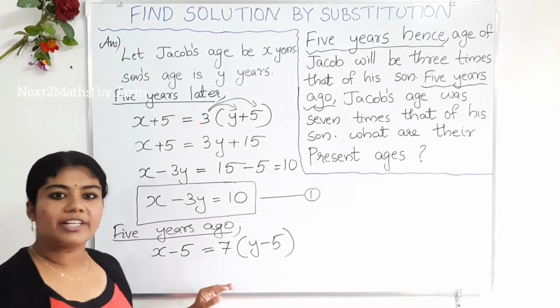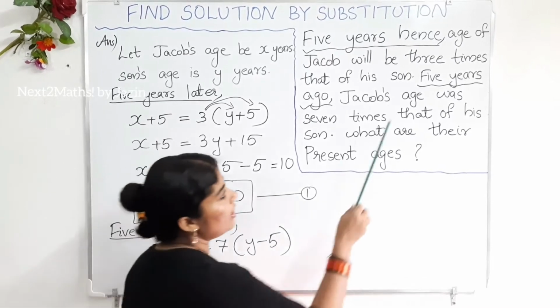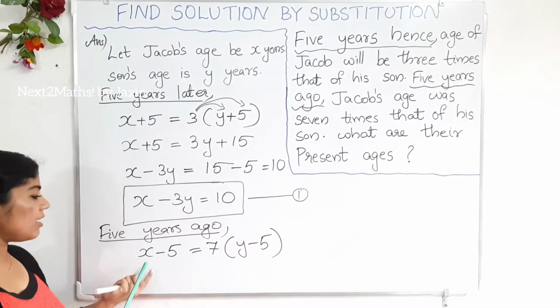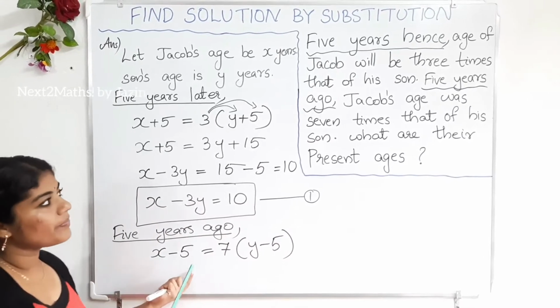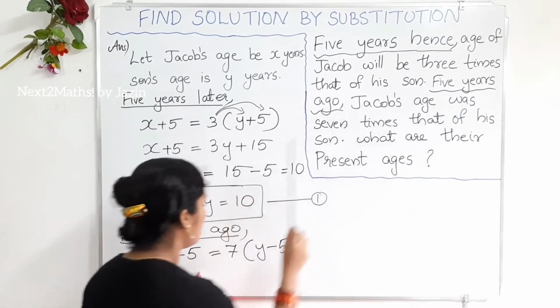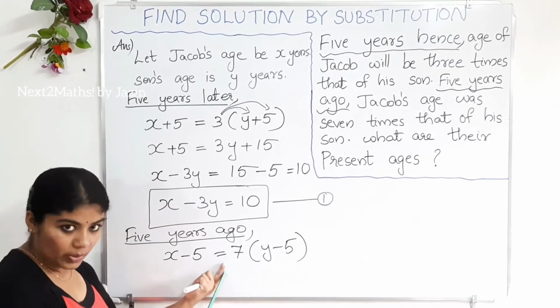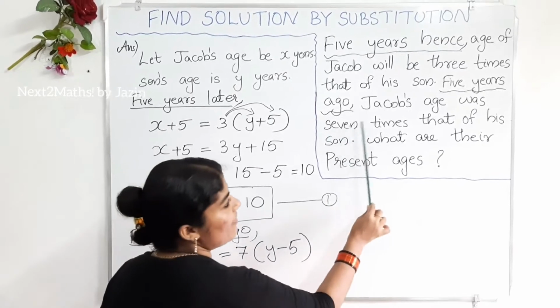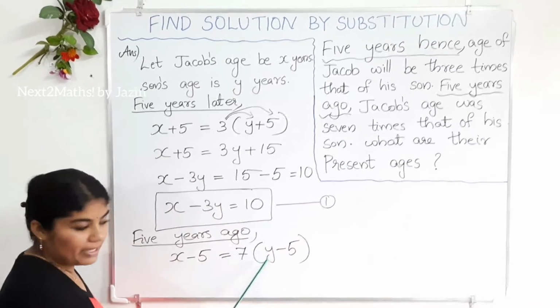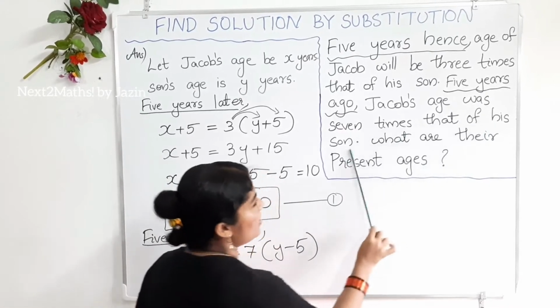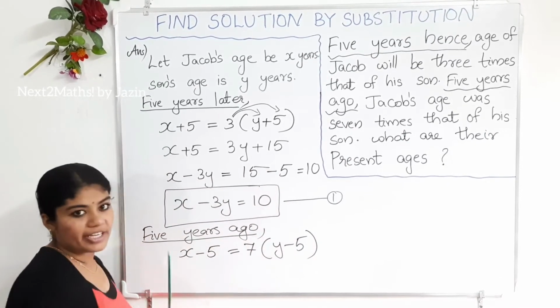Then only you will get the correct answer. Here, 5 years ago means Jacob's age becomes x minus 5, and was or is comes with the equal symbol. Then 7 times, so for the 7 multiplication give a bracket, 7 times the son's age, y minus 5.